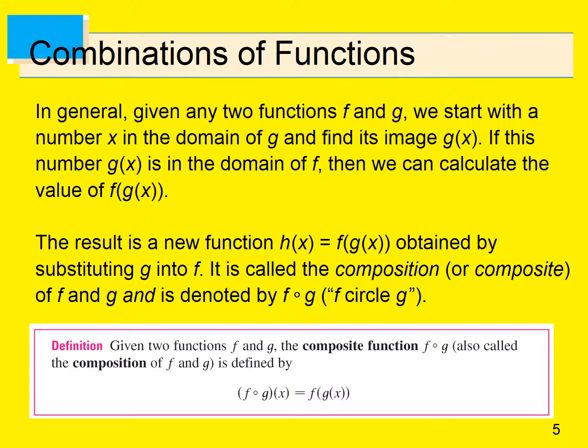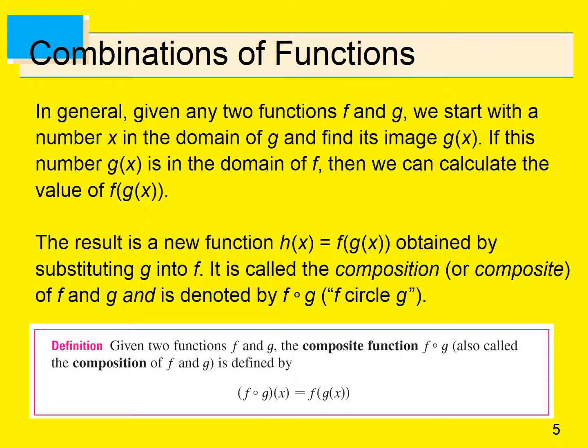The result is a new function, which we could call h of x if we like throwing in lots of letters. f composed with g of x is obtained by substituting g into f. It is called the composition or composite of f and g, and is denoted by f little circle g. But when we see that little circle, we just say composed with. f composed with g. So a definition.